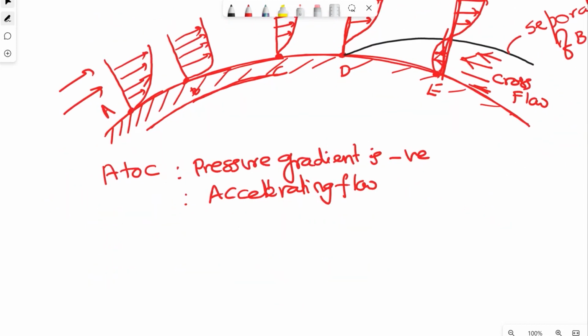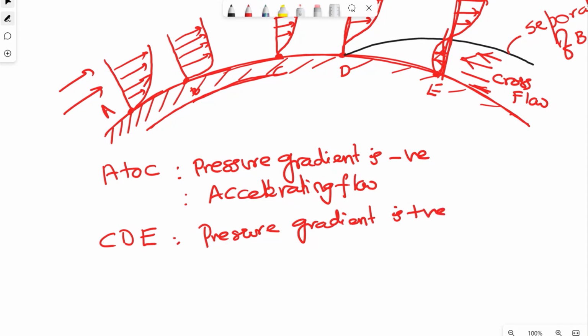But if you take a point from C to D to E, the pressure gradient is positive, then it is a decelerating flow.